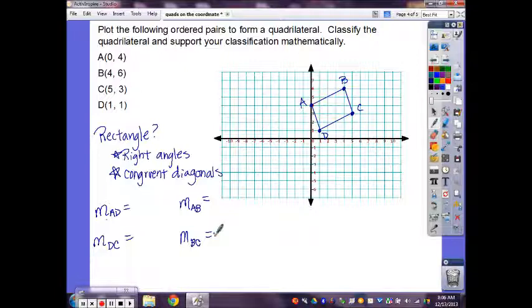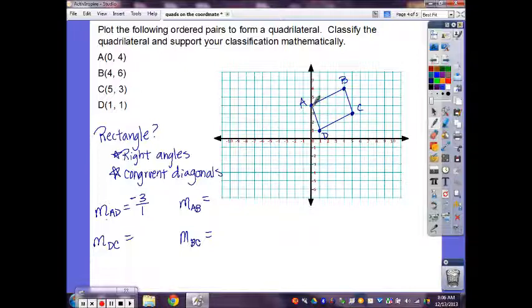So for slope of AD, I would go from D to A, up 1, 2, 3 over 1. So that's a rise of 3, run of 1. And if I look at the line, it's moving downward as I move left to right, so that means it's negative.